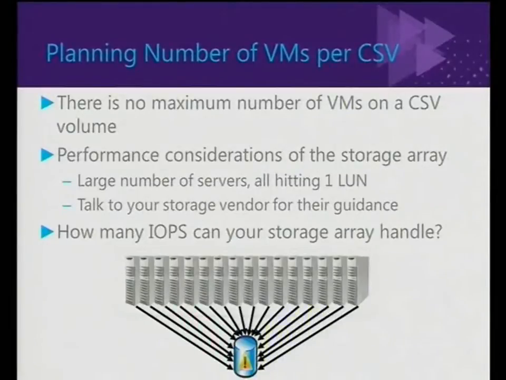A good example of where you might start to limit the number of virtual machines that you'll have on a CSV LUN is when you have to do maintenance on that CSV LUN. Let me explain. When you do maintenance on a CSV LUN, the primary owner of it needs to take full control of the LUN. So we don't want all of the servers writing to that one LUN at one time. We want to just get one node that's going to access that LUN and make the changes.